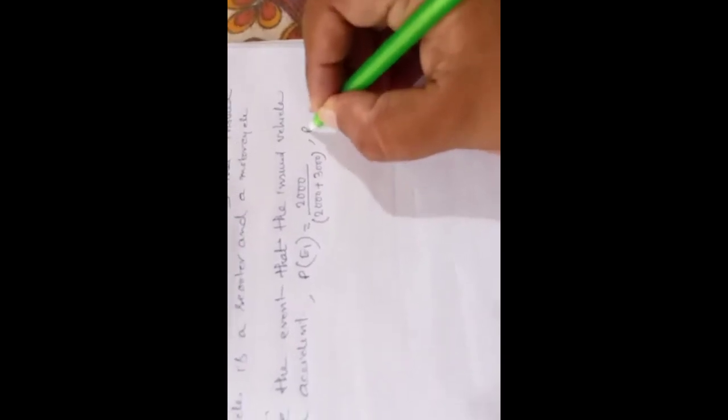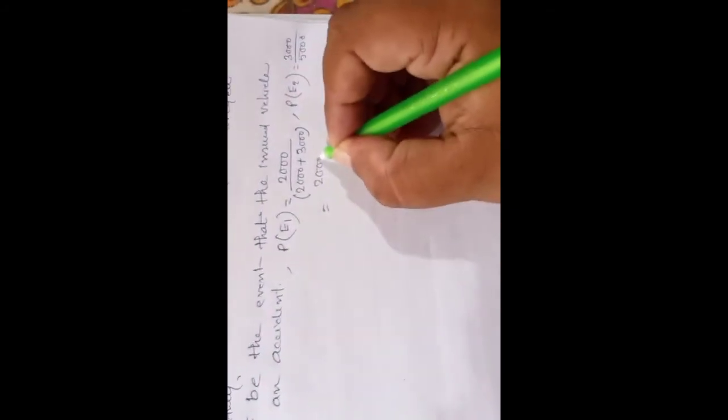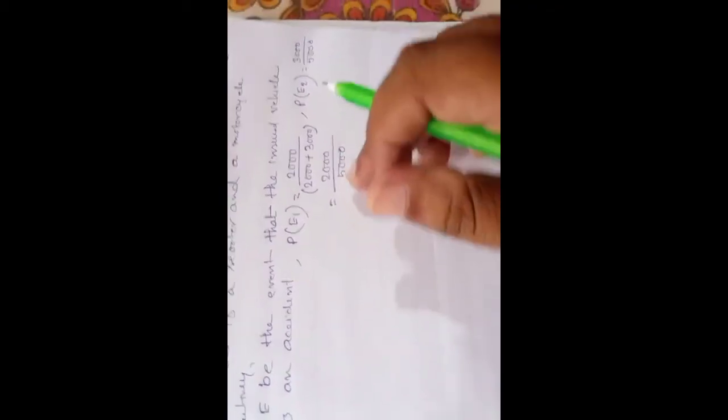Because there are 2000 scooters and 3000 motorcycles insured. Next, P of E2 will be 3000 by 5000, and P of E1 is 2000 by 5000. Understood?